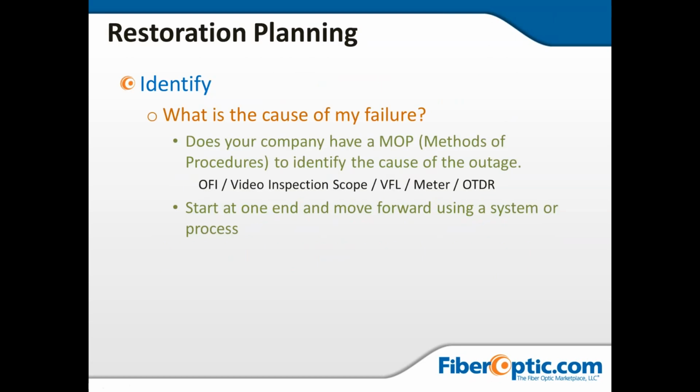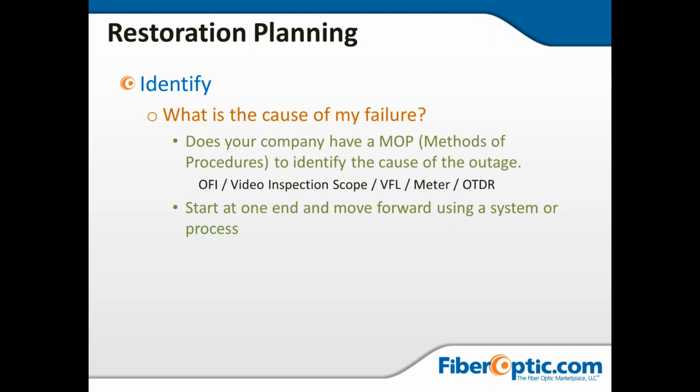So what are the steps that we need to follow when we're working with an emergency restoration process? First thing we need to do is identify the cause of our failure. Hopefully, and what we recommend, is that companies will have emergency restoration procedures, methods or procedures for dealing with emergency restoration.